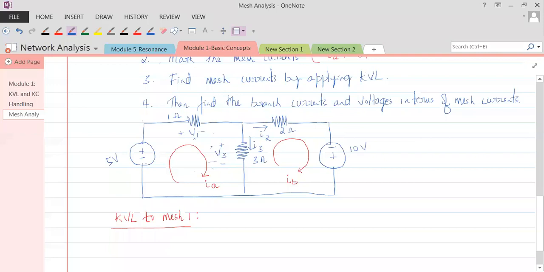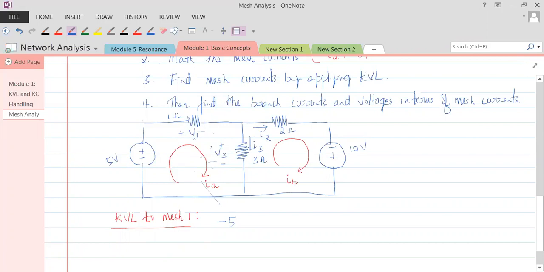Okay, I start from this point. So see, when I'm moving in clockwise direction, I'm coming across this minus sign, right? So in KVL, I'll attach minus sign to this 5. Now what is the voltage here? You should not say plus V1, but I have to write this plus V1 in terms of the mesh current.